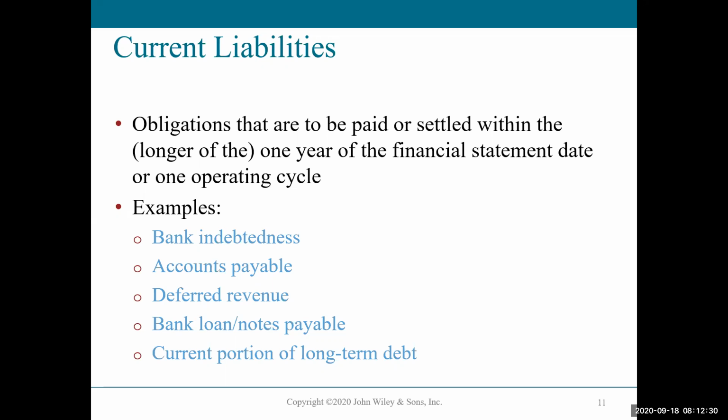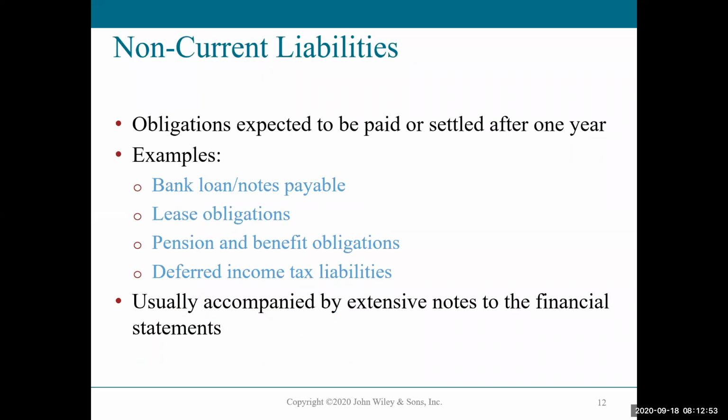Deferred revenue is also called unearned revenue. Also bank loans or notes payable, and the current portion of your long-term debt. Here, once again, just as a quick reminder, we are considering the longer of 1 year and the operating cycle when you determine whether your transaction is current or long-term. The same idea as your current assets.